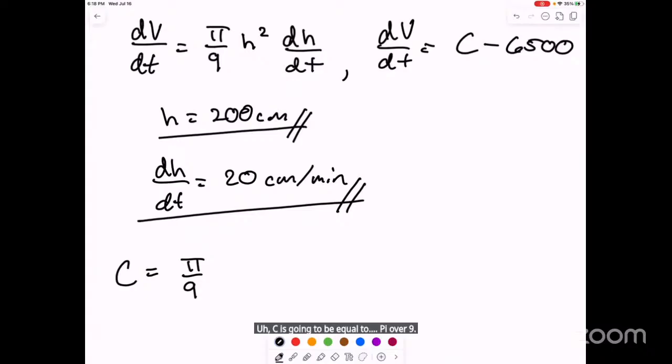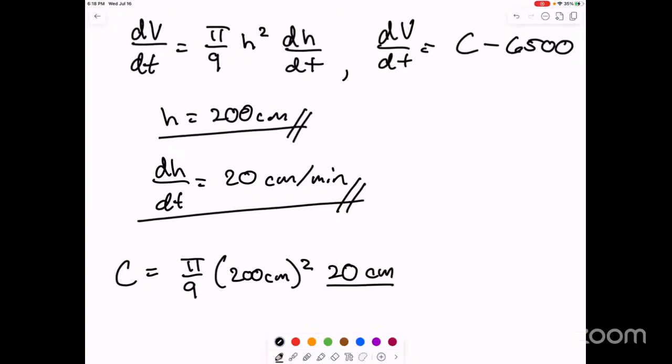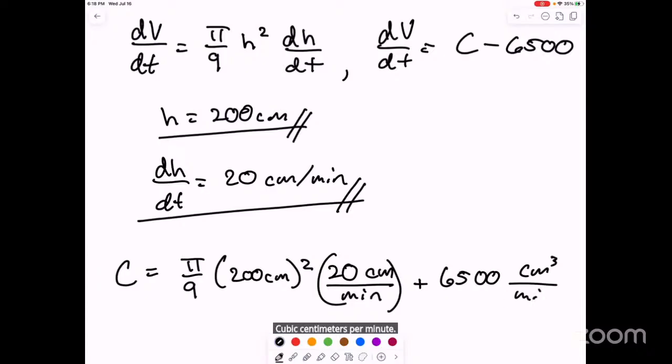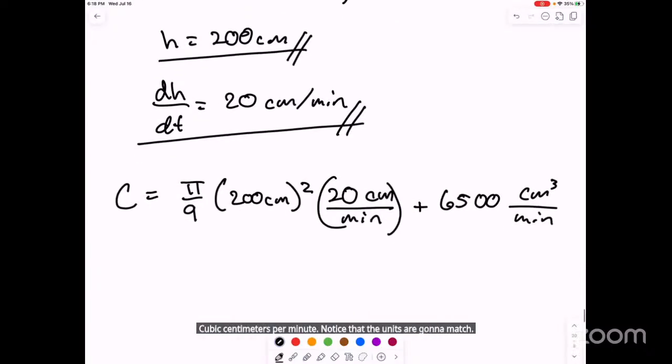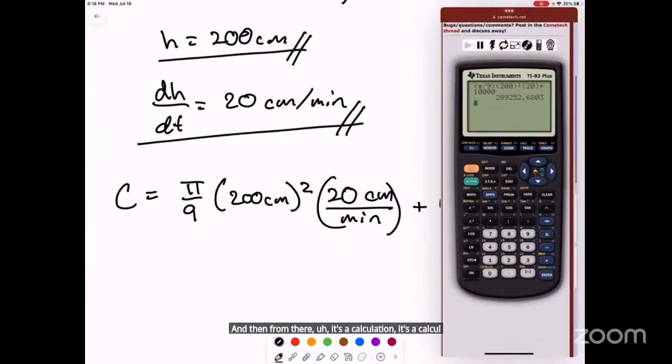Our h is 200 centimeters squared. dh by dt is 20 centimeters per minute. Okay, and then plus 6,500 cubic centimeters per minute. Notice that the units are going to match, and then from there, it's a calculation. It's a calculator problem at that point.